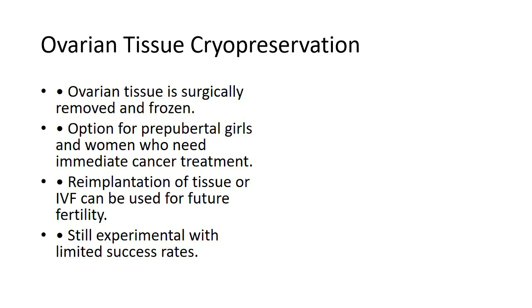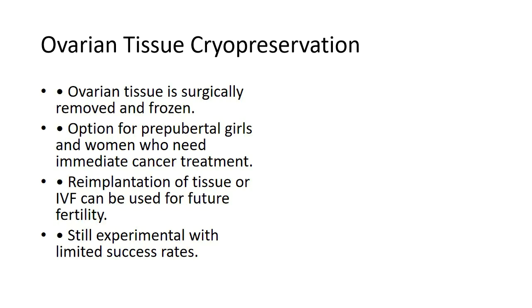Reimplantation or IVF. In the future, the ovarian tissue can be reimplanted into the woman's body to restore hormonal function and fertility. Alternatively, the tissue can be thawed and the immature eggs can be matured in the lab and used for IVF.